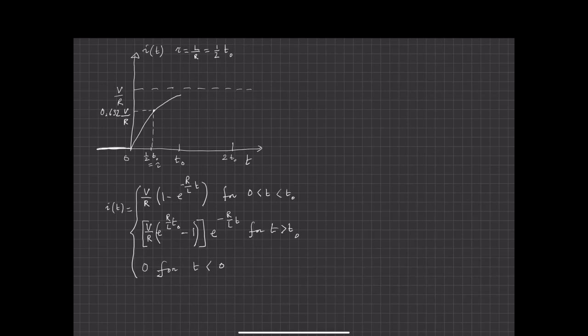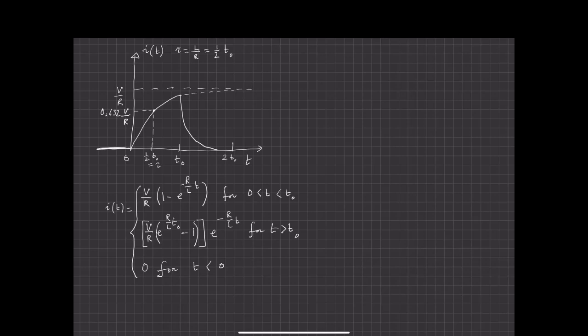If the other response wasn't there, this would simply continue on its merry way to V over R. But at t naught, that constant times an exponential function comes into play, and so the function decays exponentially. You see that?